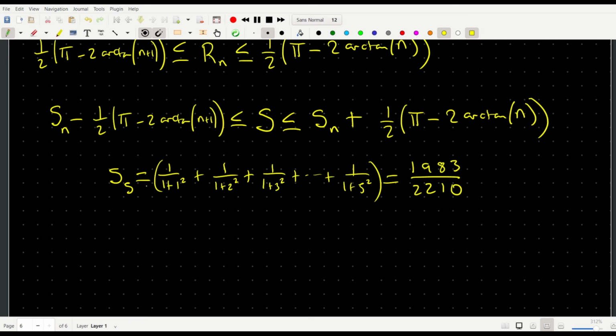So this value of S5 is the first 5 terms in this sum, which is an approximation to the actual value of the sum.